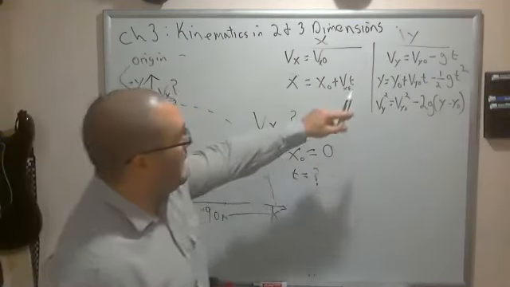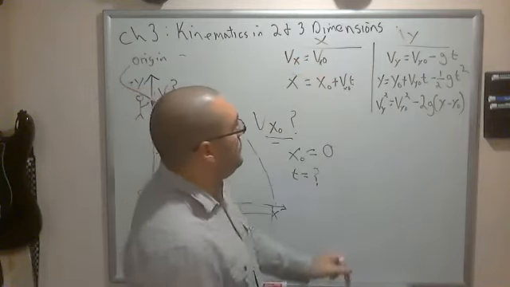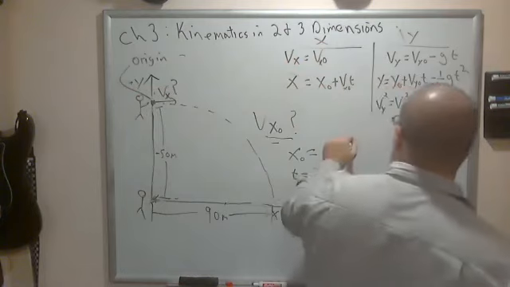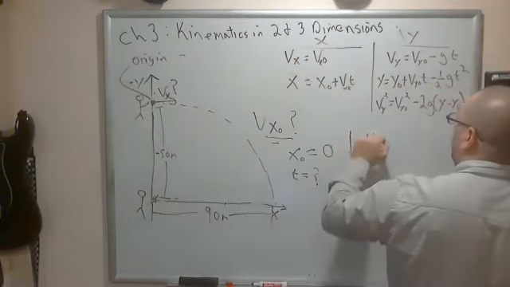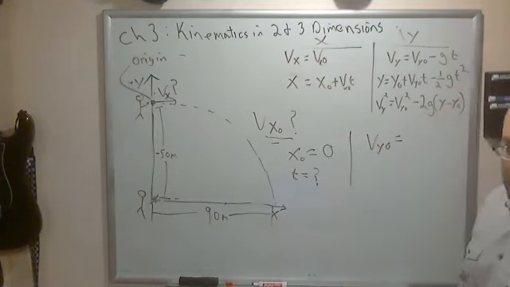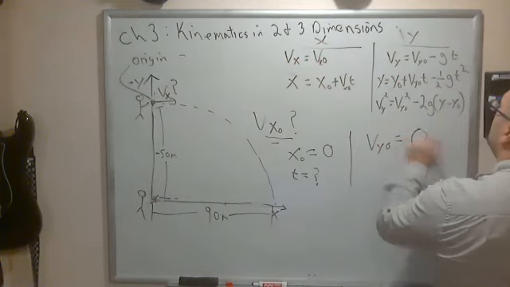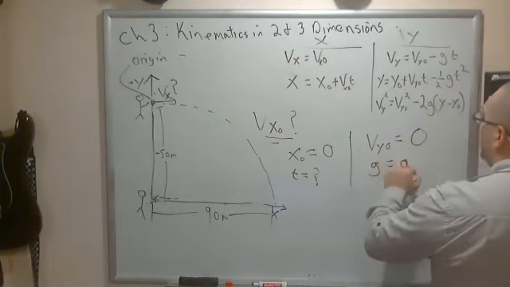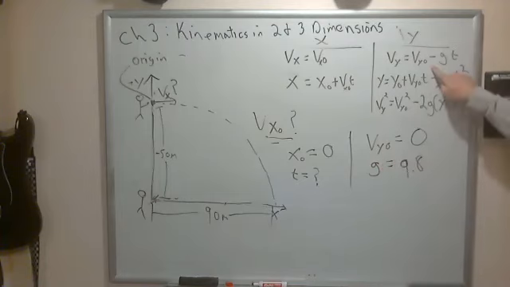Now let's look at our bank of equations. What do we know in the y direction? Do we know its initial velocity in the y direction? Anybody? What's its initial velocity in the y direction? It's 0. Exactly. We know g. And here we'll just use 9.8 because we included the minus sign in the equation.